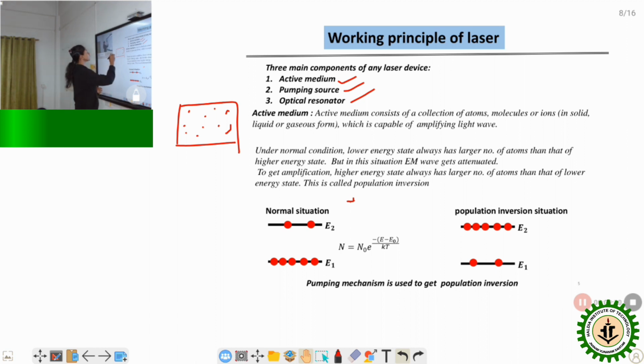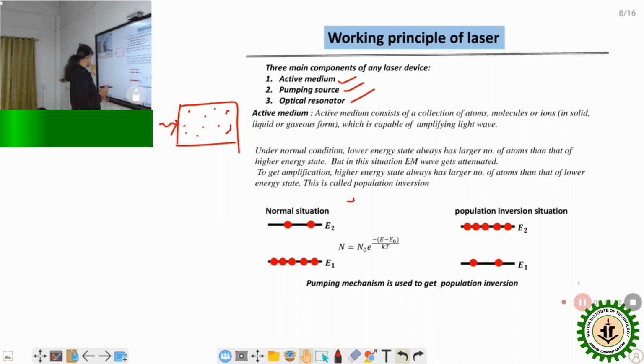When you give the excitation, either stimulated emission or spontaneous emission may happen, which is not in our hand. So first you need to know, when you are giving the excitation from outside in the active medium, which is the most probable: the stimulated emission or the spontaneous emission? So let's see that part.